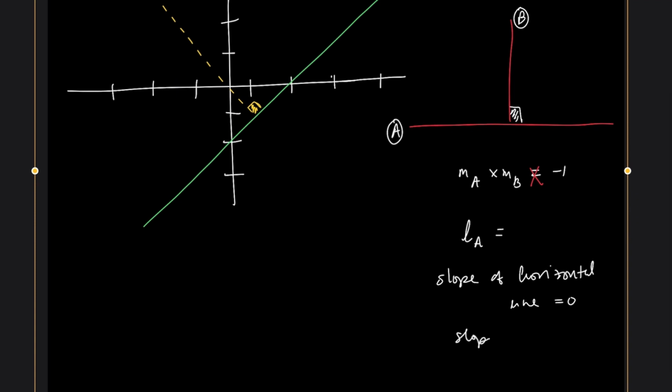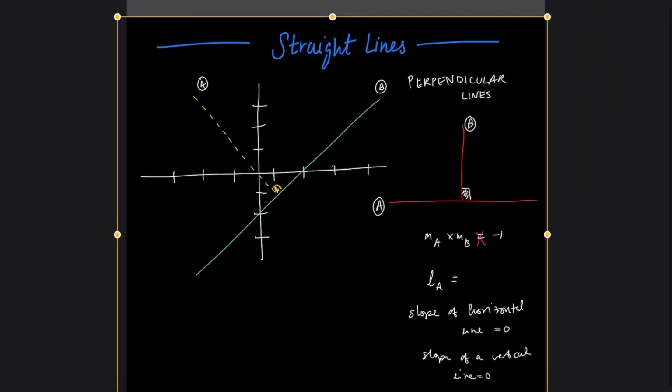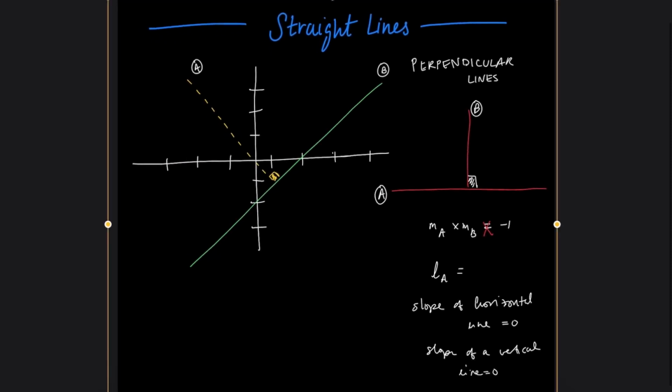And similarly, the slope of a vertical line is also 0. So we cannot multiply 0 by 0 and get -1. Therefore, if one of the lines in a set of perpendicular lines is horizontal, then mA multiplied by mB equal to -1 is not true.